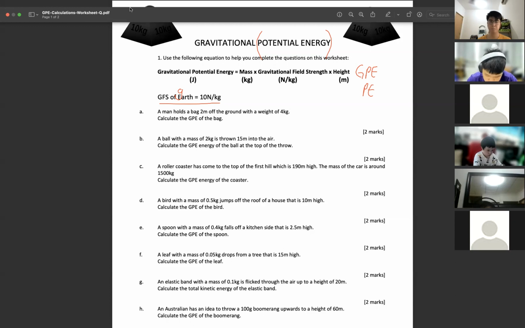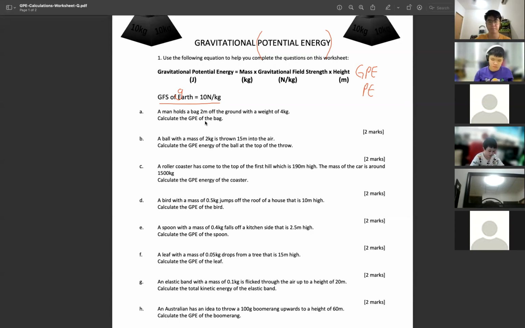Teacher, for question G, how do we calculate the kinetic energy of the total? An elastic band with a mass is flicked through the air. At first, what is the energy when you stretch it?